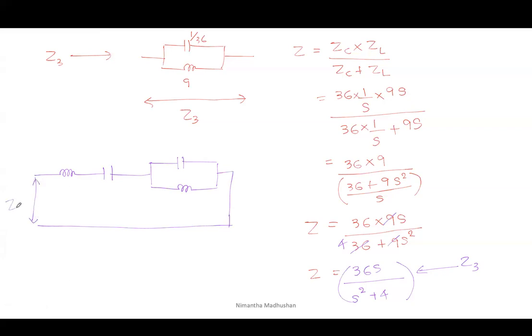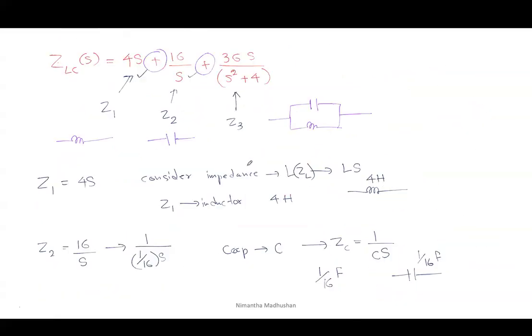From here, we can get the total impedance ZLC. L1 is equal to 4 Henry. C1 is equal to 1 over 16 farad. C2 is equal to 1 over 36 farad. And L2 is equal to 9 Henry. This is the final circuit for this function.